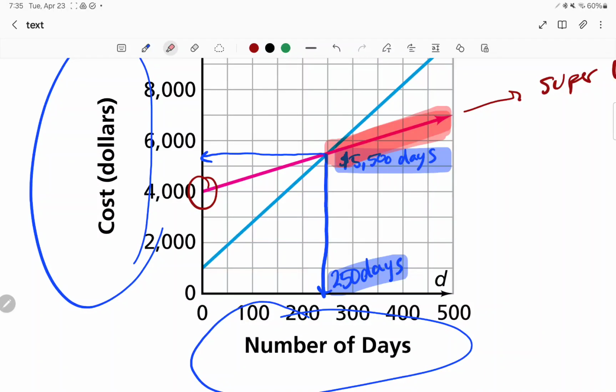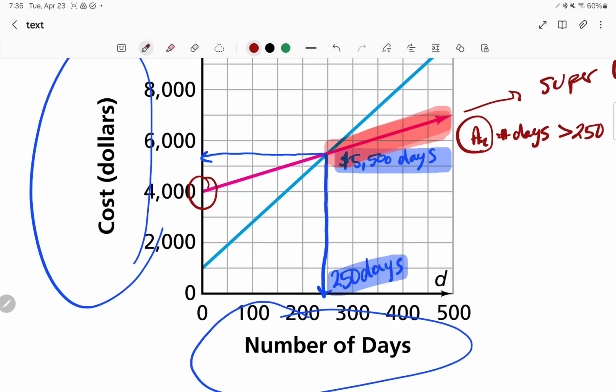That would be right there. And so the number of days, for what numbers of days? It's when the number of days, so this is A2, has to be greater than 250.